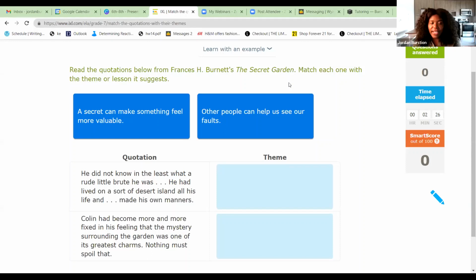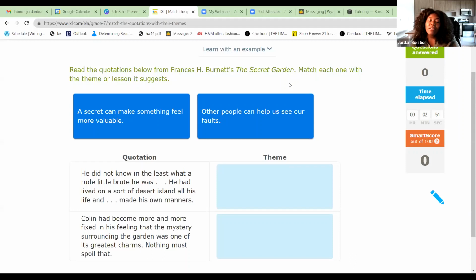All right. So this says, read the quotations below from Frances H. Burnett's The Secret Garden. Okay, so most of you will read that book in middle school if you haven't already, or at least when I was in middle school, we had to read it. It says, match each one with the theme or lesson it suggests.